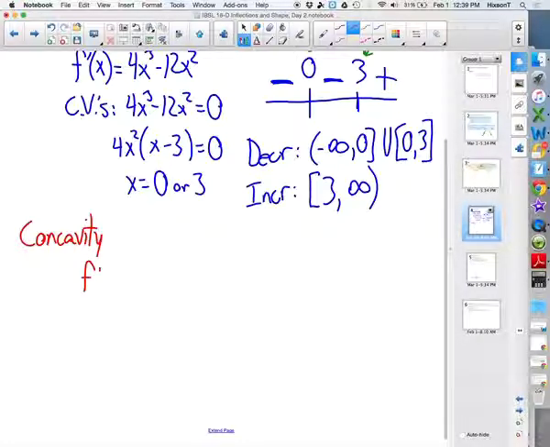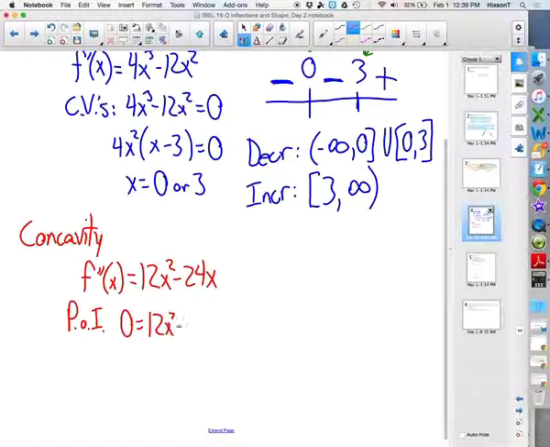So our second derivative is 12x squared minus 24x. So if I want a point of inflection, then I'm going to set this equal to 0. 0 equals 12x squared minus 24x. Okay?